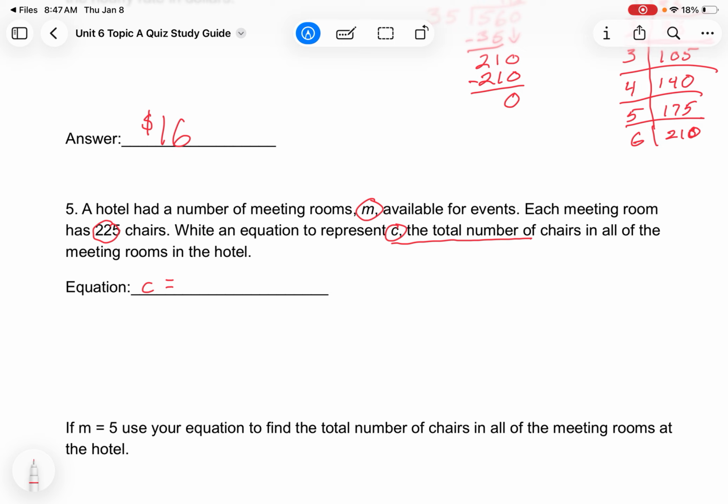And then each meeting room has 225 chairs. Each means per, which means times. And so that's 225 times M. And there's your equation.